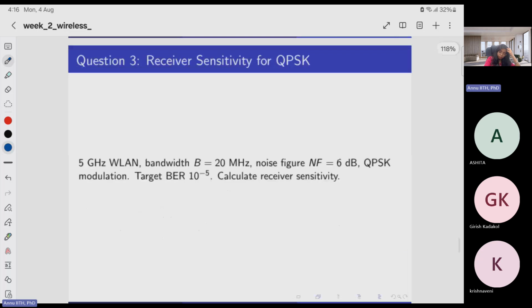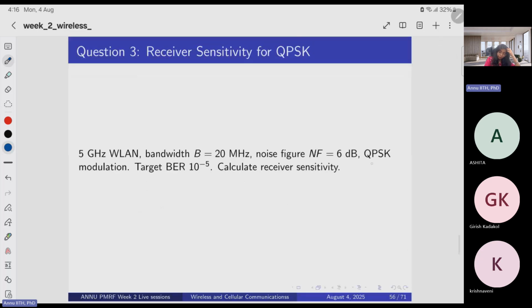So first of all, it is asked what receiver sensitivity is. And what is receiver sensitivity? By definition, it's the minimum receive power required to achieve a target BER.